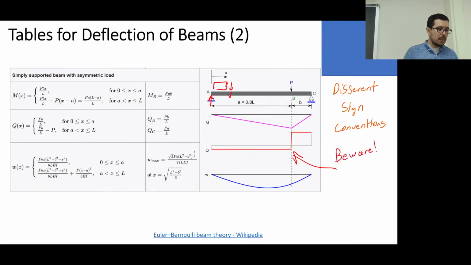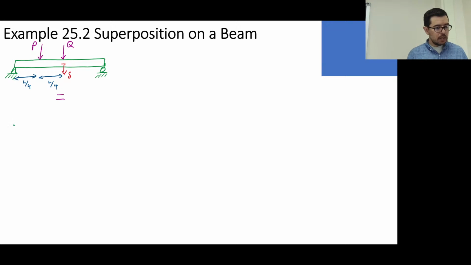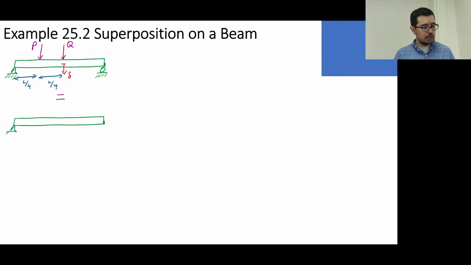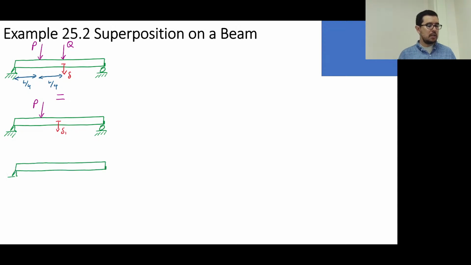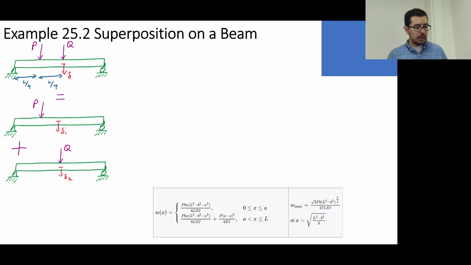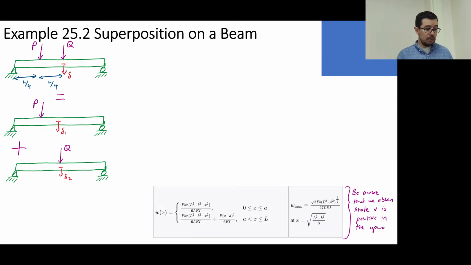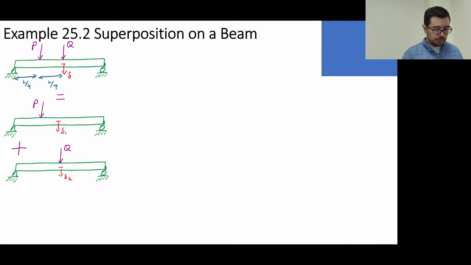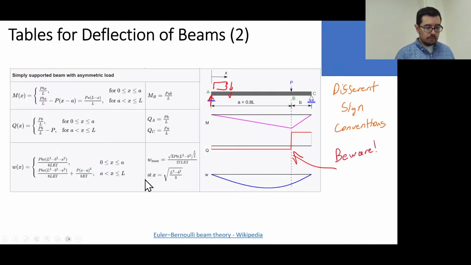Okay. Here's another example, where we have a P and a Q across a beam that's simply supported, and we can use another table, and we have to be careful. In this case, this table tells us what the deflection is when you have a P that's not centered.